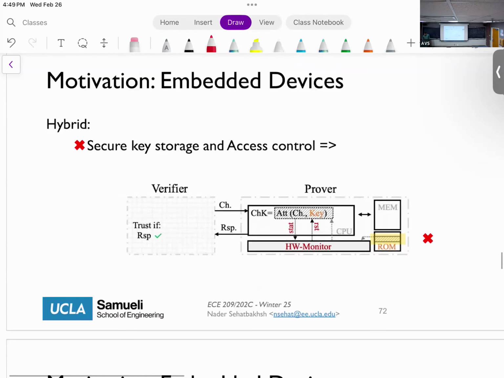If you remember, I told you that the biggest problem in this system is that we need to be very, very careful about the key, because if there is any sort of interrupt or any activity other than the software attestation trying to access the key, then we need to clean up, right? So we need to reset the system and then give access to the system.